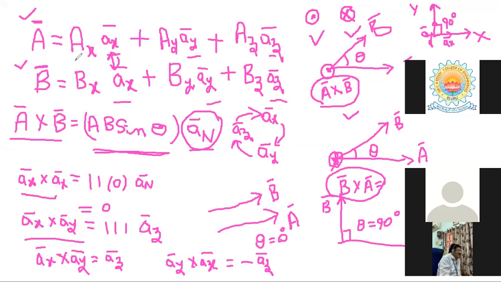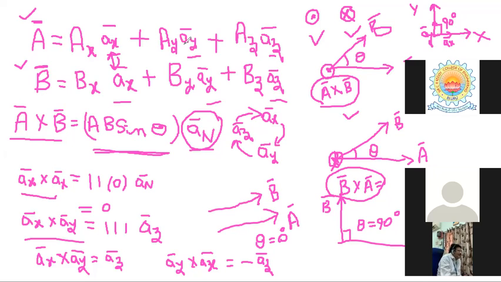Now we are taking A cross B like this, and it is ax. If you take the cross product between these two it is 0, and if you take the cross product between these two, you get ax bar cross ay bar as az bar, so that you will get AxBy, and ax bar cross az bar is equal to minus ay bar, so that is minus AxBz.